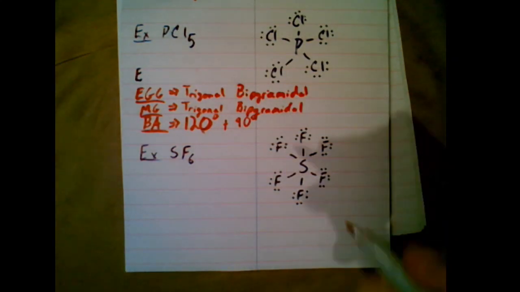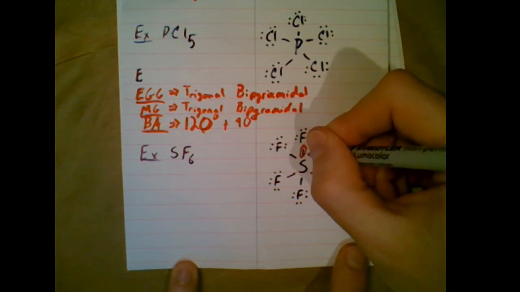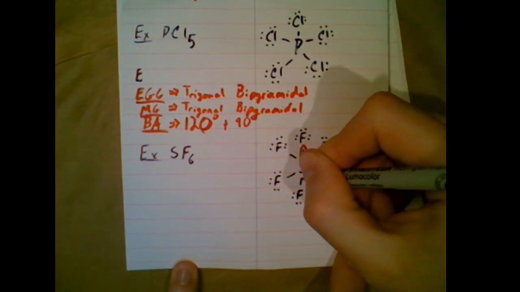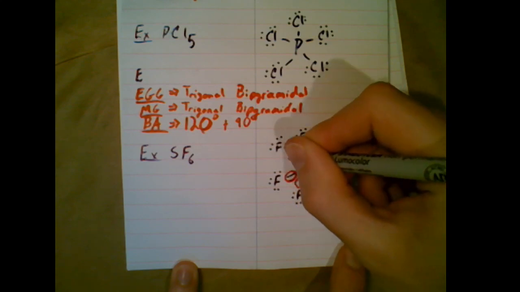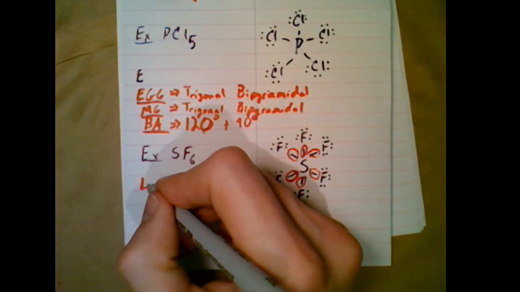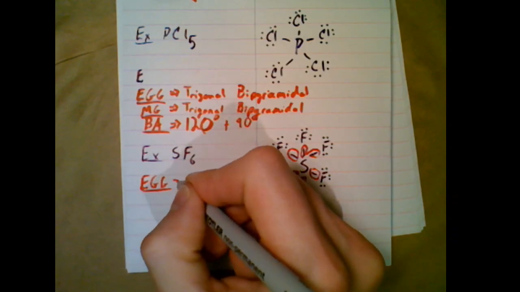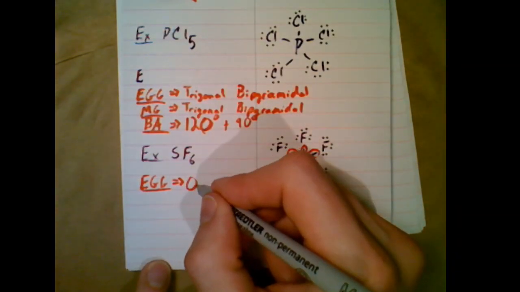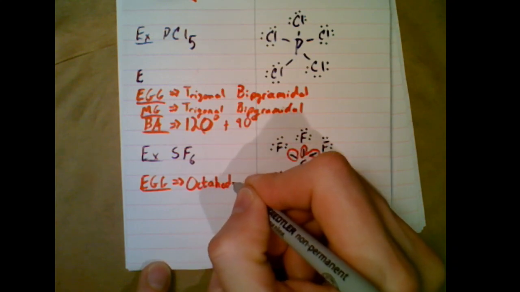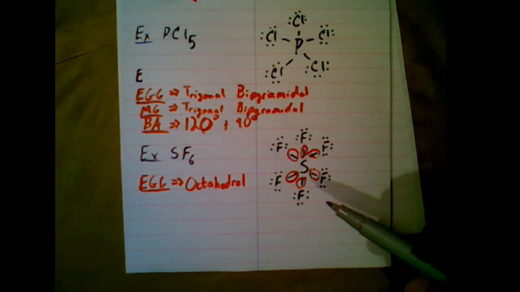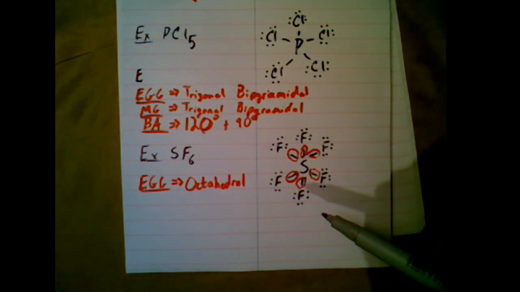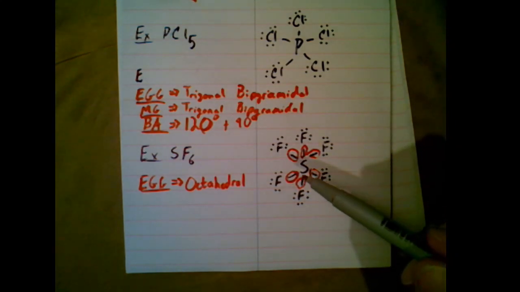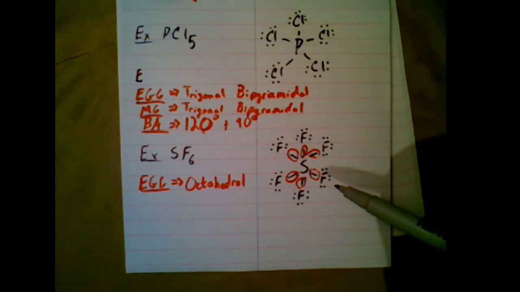Now, if we were to count the number of electron groups, you have 1, 2, 3, 4, 5, 6. So your electron group geometry has to have 6 parts around it, and that is what we call an octahedral electron group geometry. Now, I would love to show you the 3-dimensional structure of this, but I don't have a model kit that actually has something that allows me to build 6 pieces around the center.